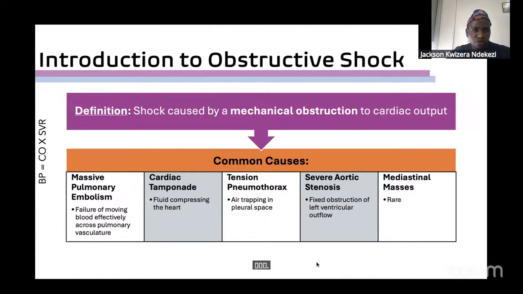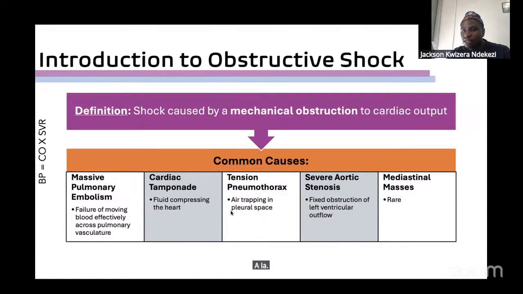In addition to the signs and symptoms of shock, such as low blood pressure, elevated lactate, or decreased urine output, there are several defining characteristics found in patients presenting with obstructive shock. Patients generally present with hypotension. When they are still in compensation, they may have tachycardia.